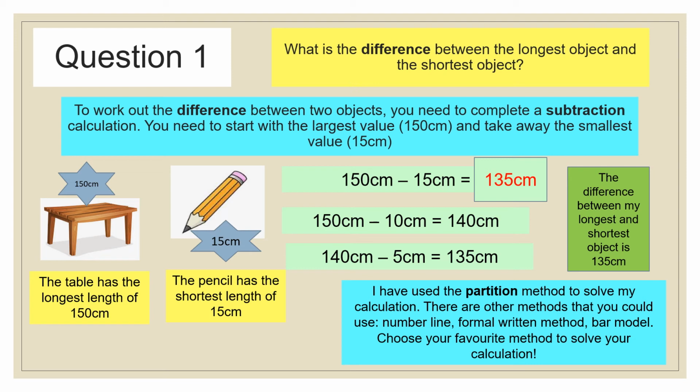If you decide to use the formal written method, don't forget that you must line up each digit into the hundreds, tens and ones column, and because you're doing subtraction, you might need to remember to use exchange, where you exchange 1 ten for 10 ones.